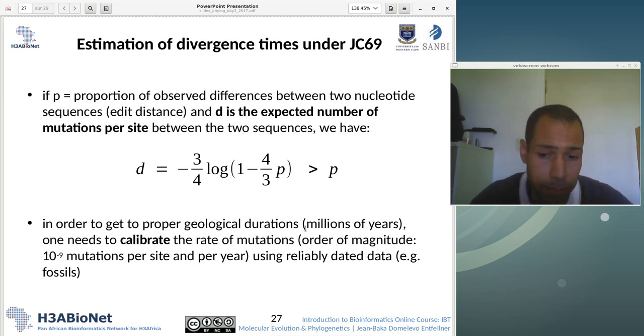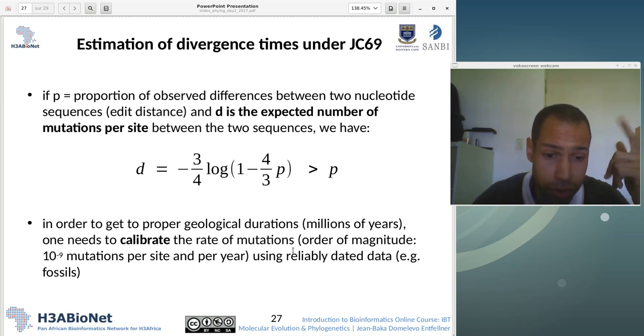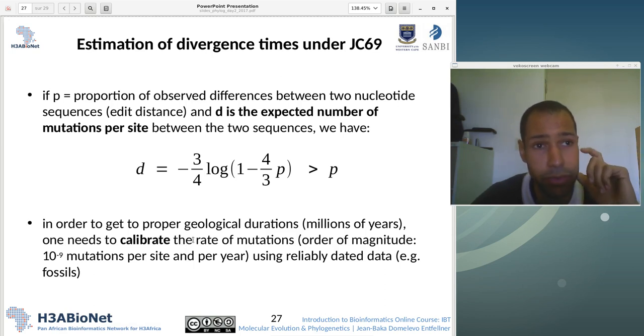In order to do that, we need to establish phylogenies with known fossils, fossils that we can date using other types of evidence, like geological evidence, in order to calibrate and say, okay, whenever I have 0.3 mutations per site, this corresponds to a geological time of some number of million years.